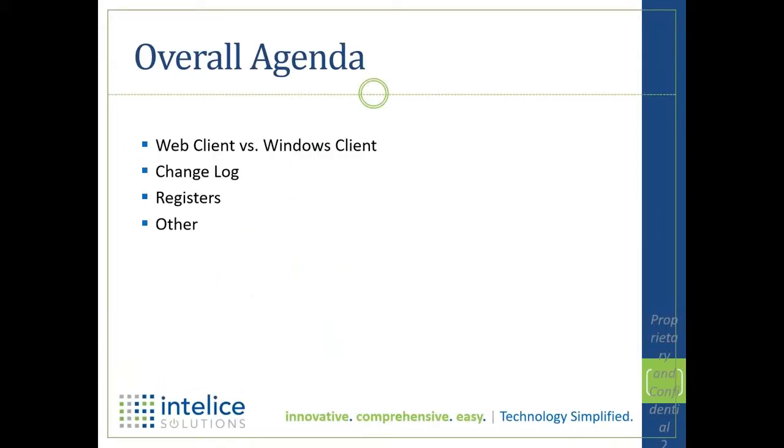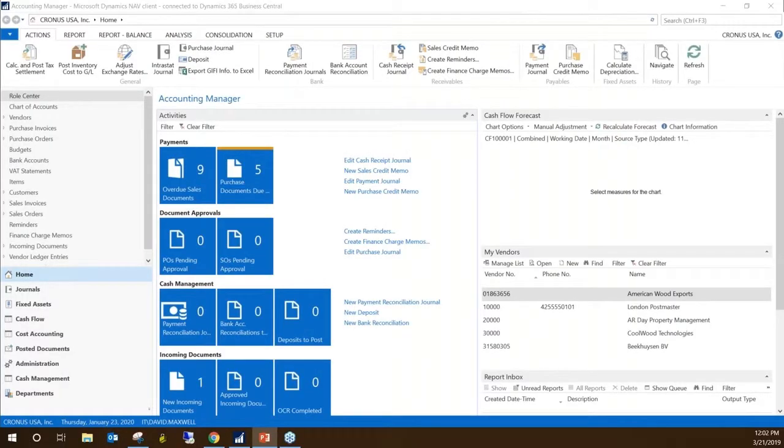We have my agenda. I was just going to give you a quick overview of Business Central, the web client versus the Windows client, and then get into the changelog, and then the registers, and then other ways of finding out who done it. So what you're looking at now is what you're probably familiar with, which is Microsoft Dynamics NAV or Business Central, and this is called the Windows client.